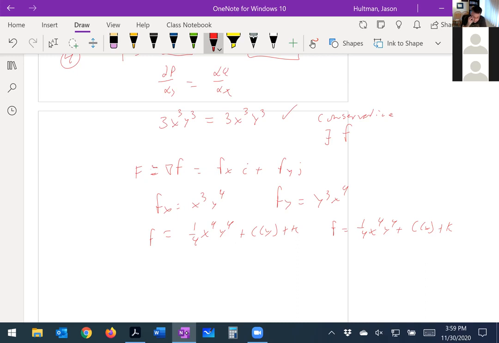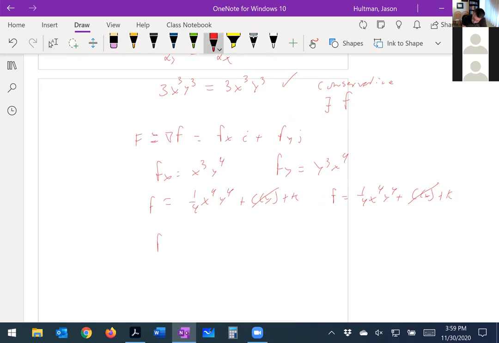Like we had before, the c's cancel out, since there isn't anything that involves one that isn't in the other. So f is equal to 1/4 x to the fourth y to the fourth plus k.